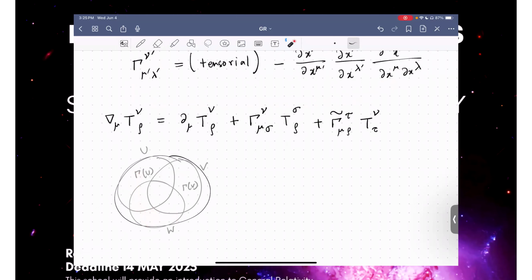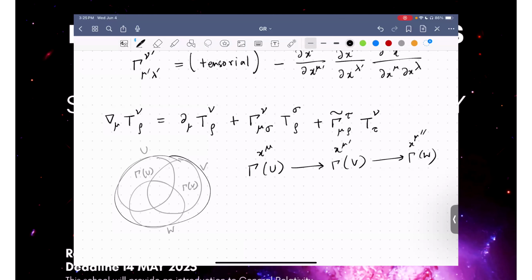So all we have to make sure is that once you go from here to here, and then you go from here to here, it's the same as going from here to here, right? So starting from gamma U, you do some coordinate transformation, you go to gamma V, and then you go to gamma W by doing another coordinate transformation. Let's say here you had x mu, here you had x mu prime, and here you had x mu double prime.